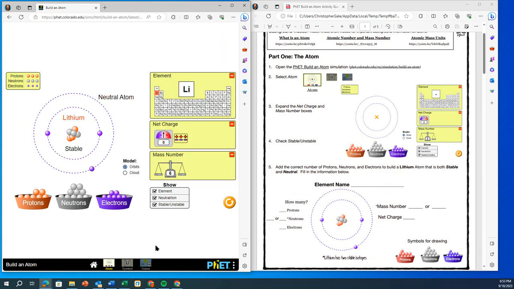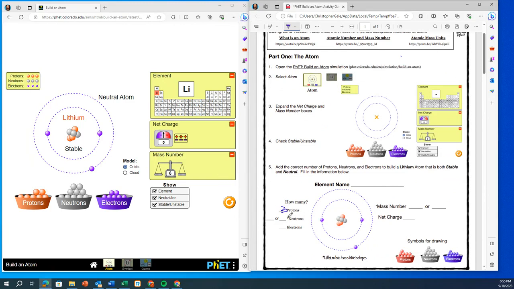Okay, so now I'm going to write in here. See if I can do this. All right, so I'm going to use the marker, the pen, and you'll notice that I have up here, I have 3 protons. So I'm going to write 3 protons, right?